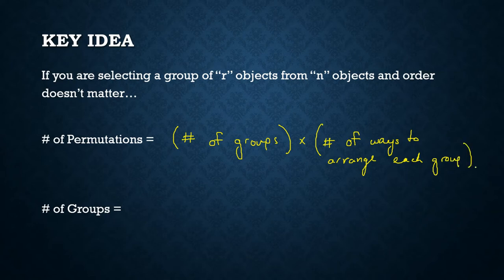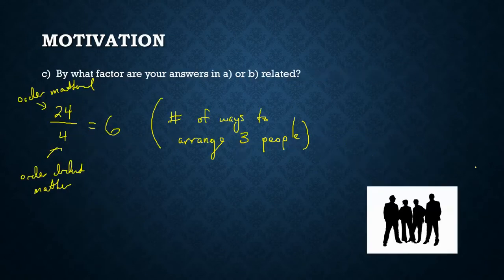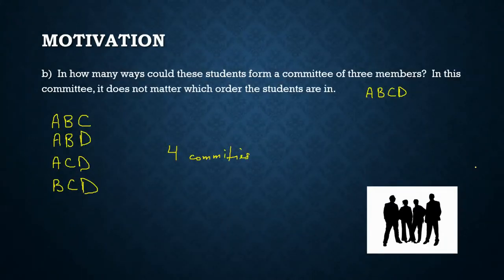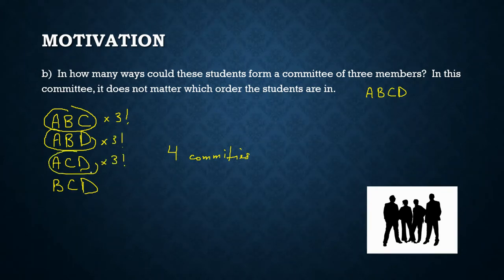Let's just think why this makes sense, right? So how many different ways can you arrange ABC, like specific arrangements? Well, ABC is one group of letters, and then you multiply that by 3 factorial ways to arrange ABC. And then you take this guy and you multiply by 3 factorial. And this guy by 3 factorial.